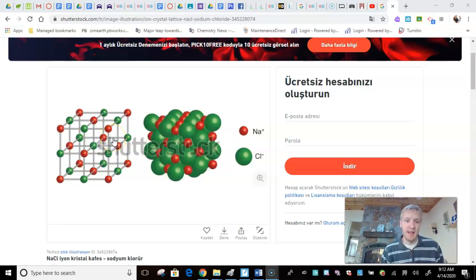Cube has 6 sides, so it has 6 chlorines, 1 chlorine connected to it on each side. And likewise, each chlorine has a sodium next to it on each of its 6 sides. And that is what we call a crystal lattice. It's a very strong bond. Has a lot of lattice enthalpy energy, we call it.